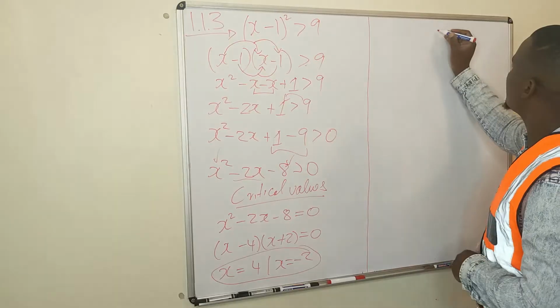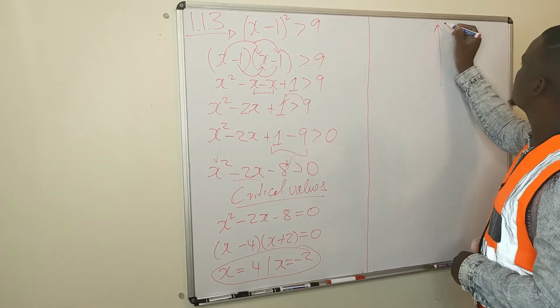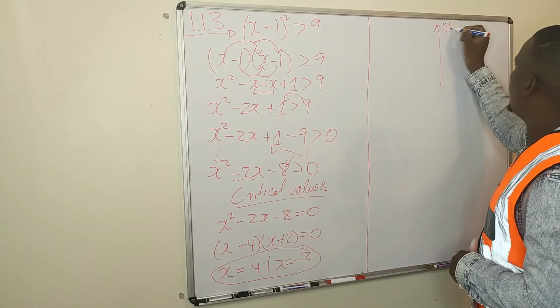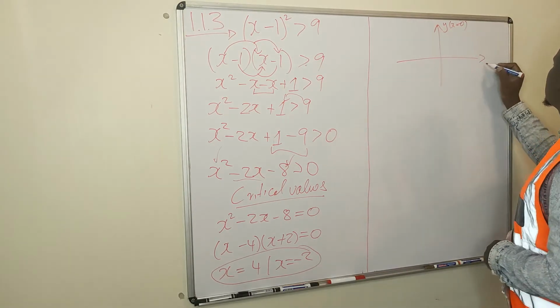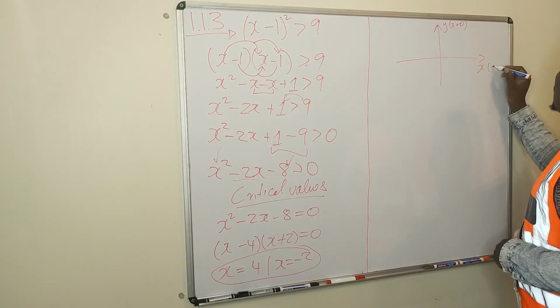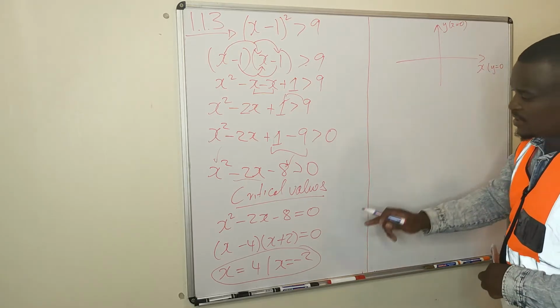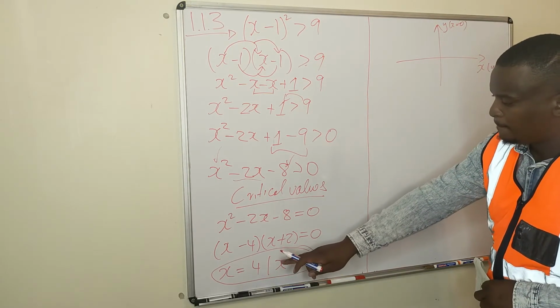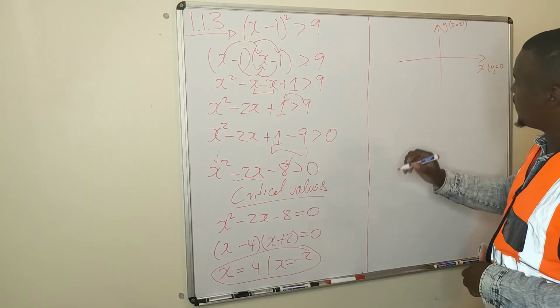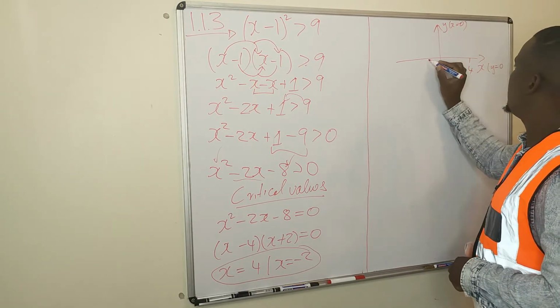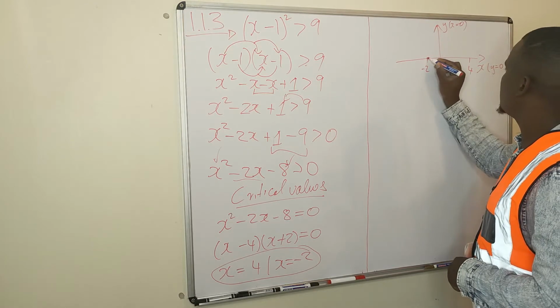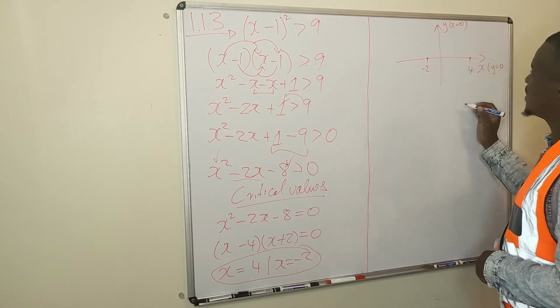So I'll say this is my y-axis, or x equal to 0, and this is my x-axis, or y is equal to 0. Then my intercepts are 4 and minus 2. So I have 4 here, and minus 2 here.